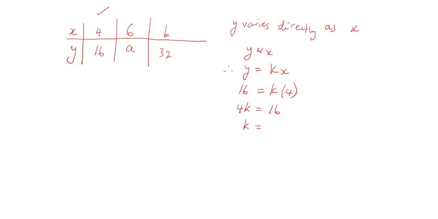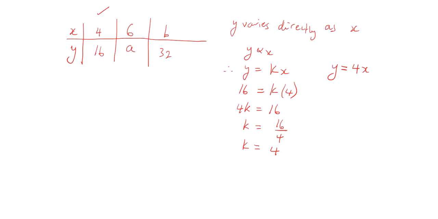Therefore k is equal to 16 over 4. So k is equal to 4. So because k is equal to 4, the actual equation that relates the two variables will be y is equal to 4x. Right? That is the first part of the question, to find a relationship.